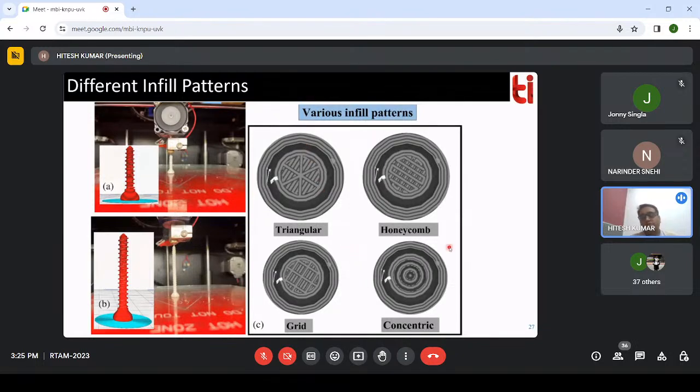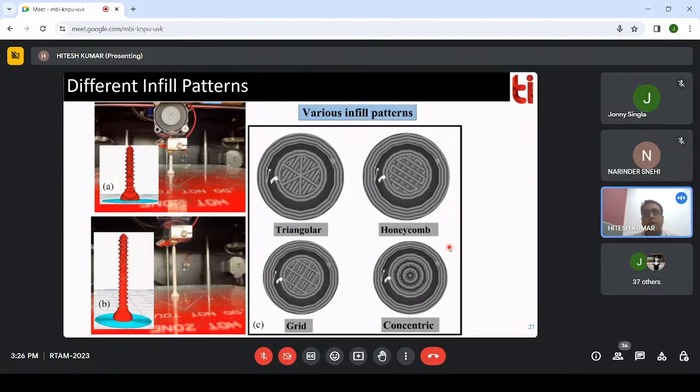I am basically focusing on the infill patterns. We also studied how the scan rate changes the mechanical behavior, and in the later part we also observed how the volume fraction density, in particular in the honeycomb structure, affects the mechanical behavior of the material.